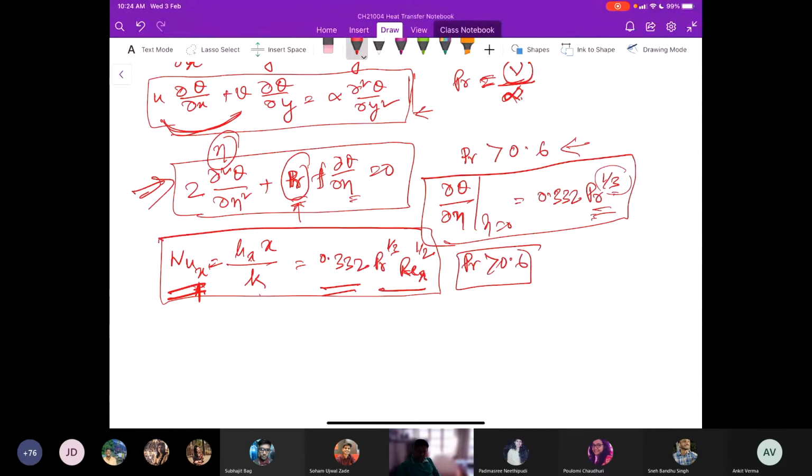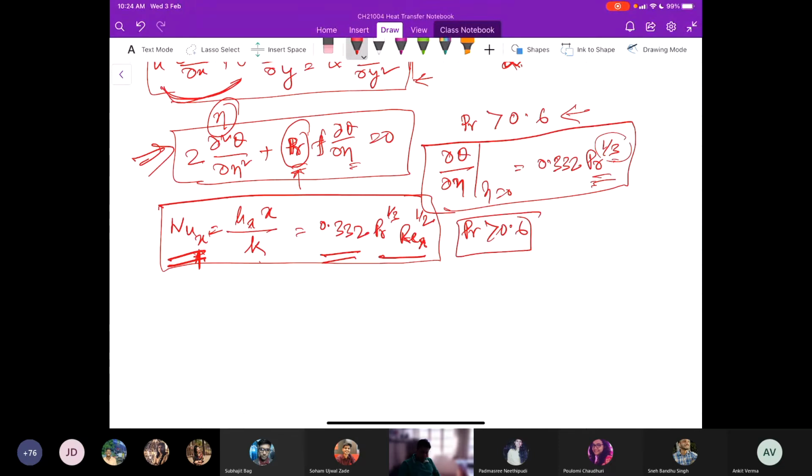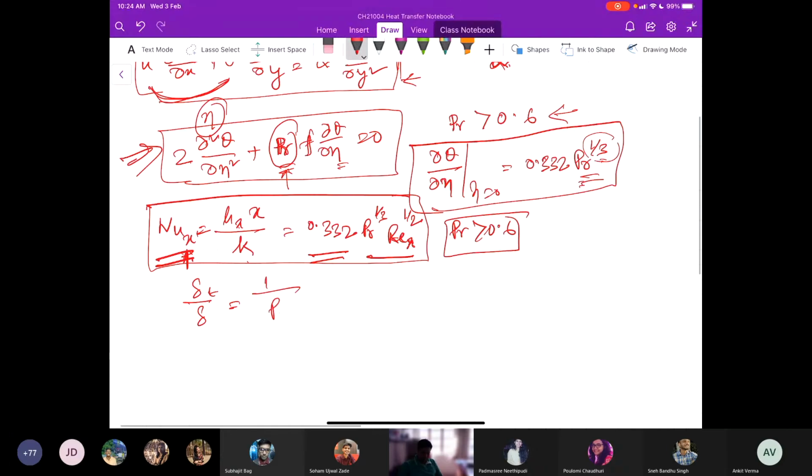So the point is that deductions are made to show that delta by delta T is equal to Prandtl number to the power 1/3, which means, in other words, delta T is equal to delta divided by Prandtl number to the power 1/3. So this is the relation between the thermal boundary layer thickness and the hydrodynamic boundary layer thickness.